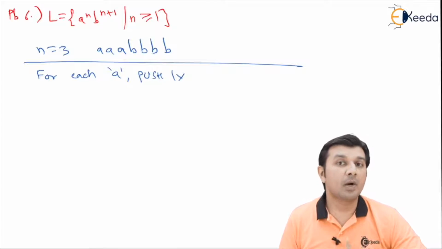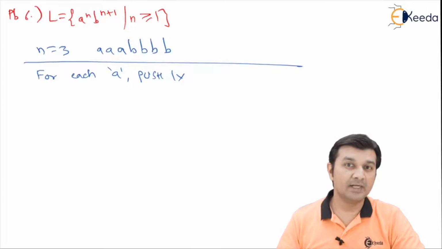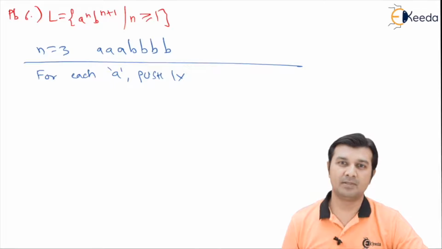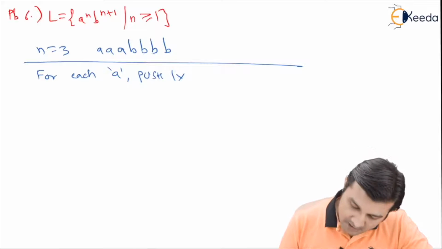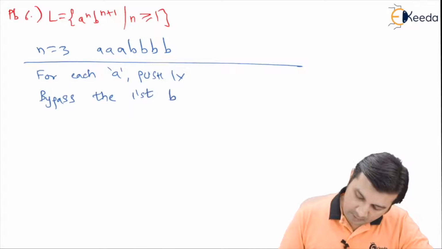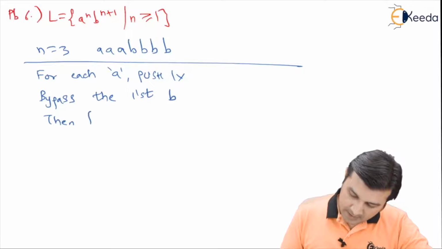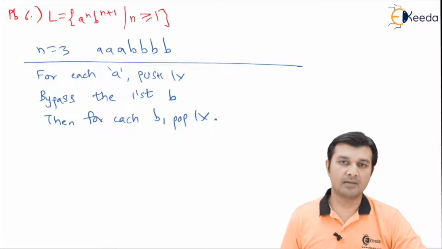B is one count greater than what it had to be. Since it is confirmed that it is just one count greater, let's bypass one of the b's, and that bypassing will be my first b. So bypass the first b. Then for each b, pop 1x from the stack.